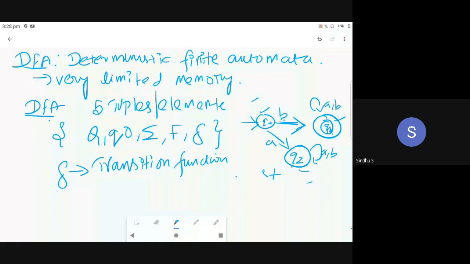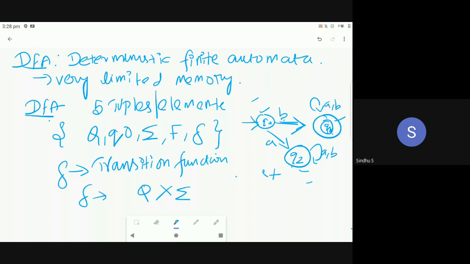So I'll let you know how to write the transition function with an example. I just want to show the usefulness of this transition function on a state Q. When you apply an input symbol on a state Q, it may be Q0, Q1, or Q2 in my example.